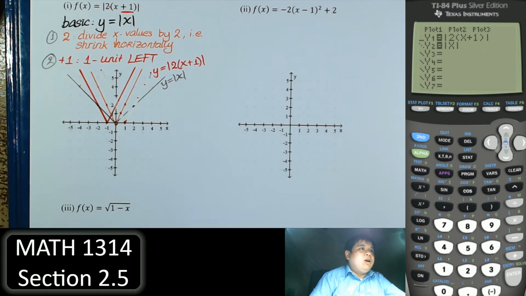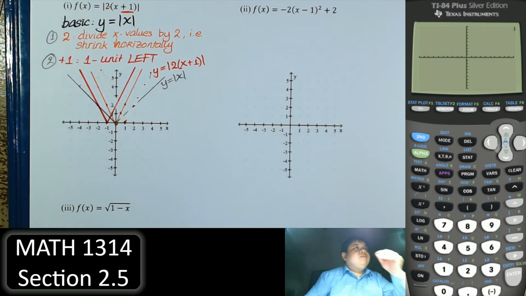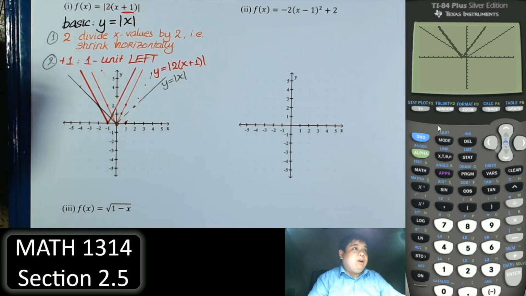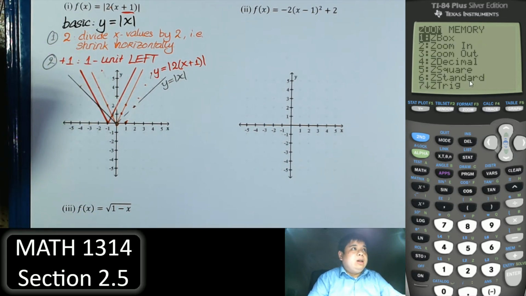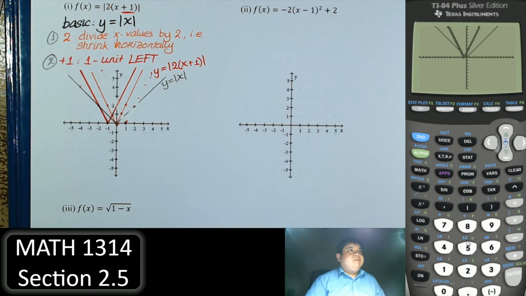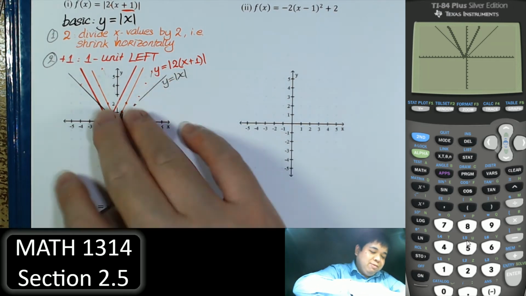Just make this one darker. Yeah, so that's what we have. By the way, if you wanted to look at the scale, you can hit zoom number 5. It will do a much better scale. Right, so that's what we have.